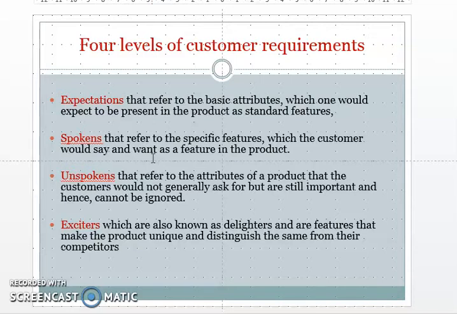And next is unspoken customer requirement. That refers to attributes of the product that customers do not generally ask for but are still important and hence cannot be ignored. And the last one is exciters requirement, also known as delighters, which are features that make the product unique and distinguish it from competitors.